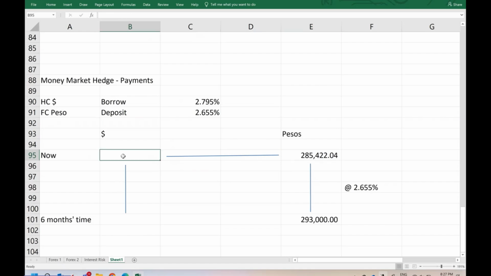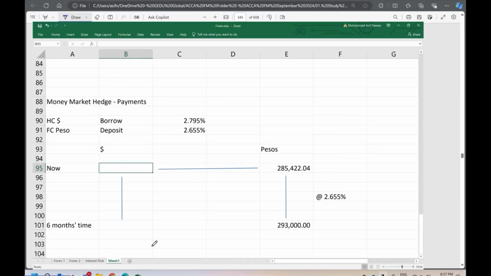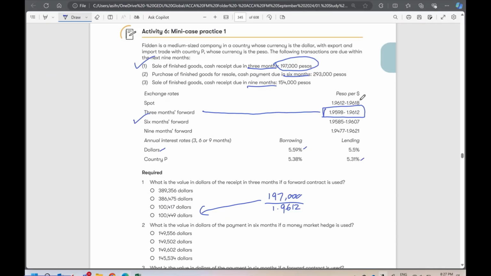So how many dollars do we need today? We will use the 2 days' spot dollar rate, which is this.